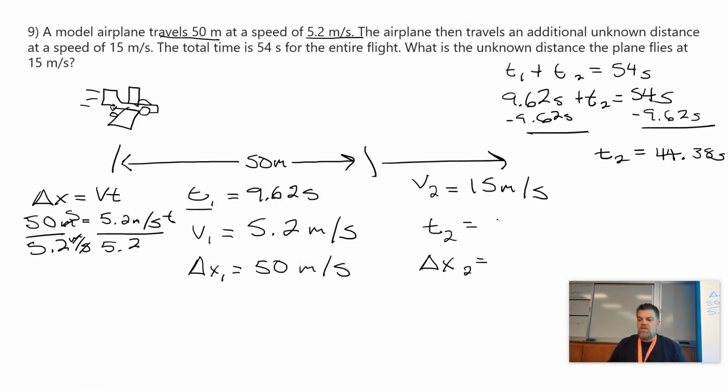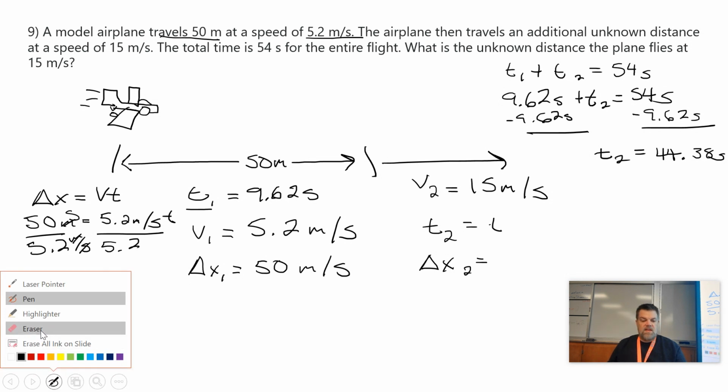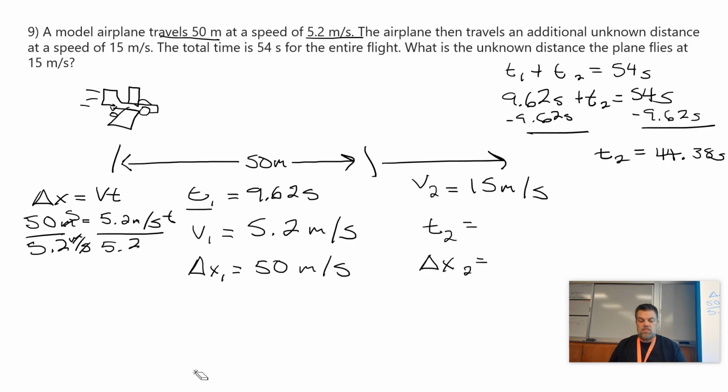Now that we know this is 44.38 seconds, remember that our distance is just the velocity times time. So if I say 44.38 seconds times 15 meters per second, remember that the seconds will cancel and I'm left with an answer in meters.